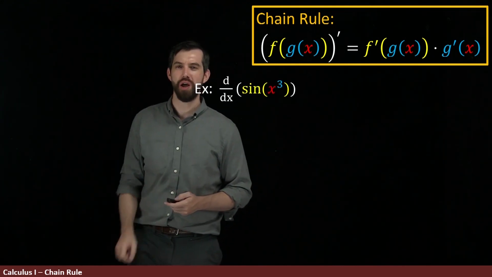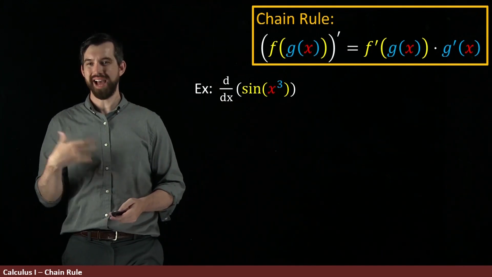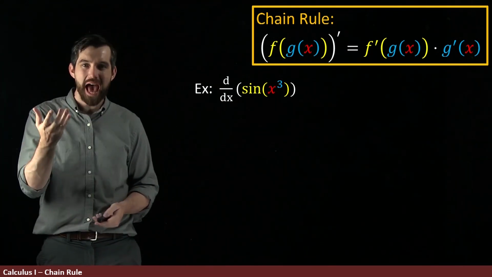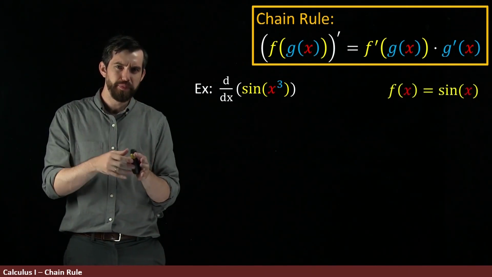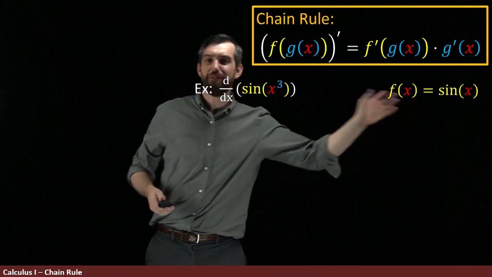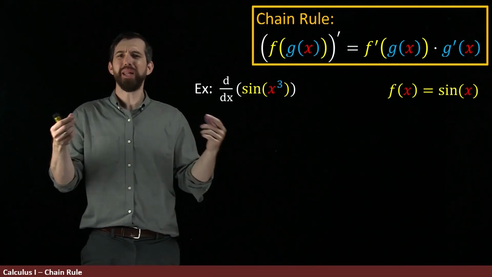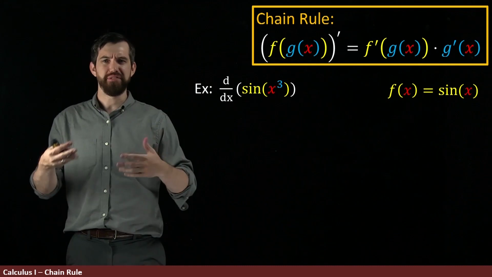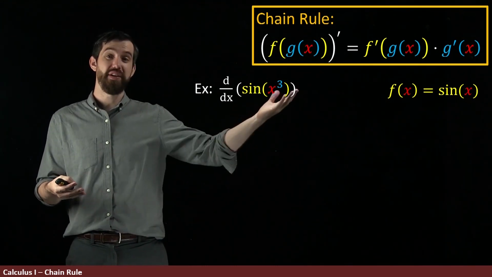I want to focus on the derivative of sine of x cubed. So my outside function, this is going to be the f, is just sine of x. And note carefully, when I write f of x is sine of x, the x here is just a placeholder. It could be f of 7, f of 17, f of 17 squared, f of 17 cubed.